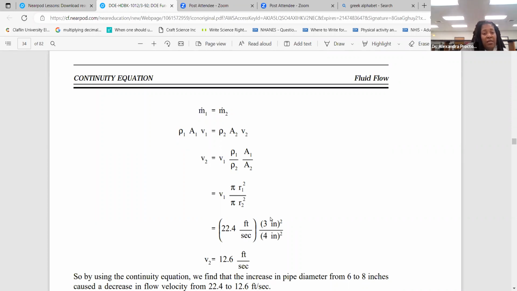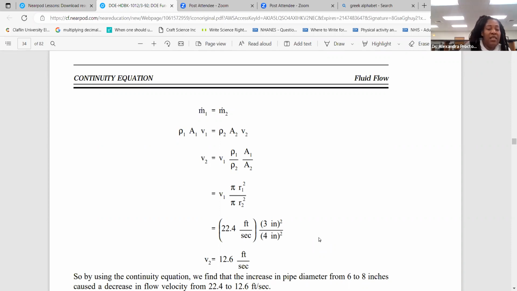And then you're able to substitute in for the A's, the cross-sectional area. So V2 is equal to V1 times pi r1 squared divided by pi r2 squared. Now you can substitute in for that velocity, which is 22.4 feet per second, times 3 inches squared over 4 inches squared. So V2 is 12.6 feet per second.